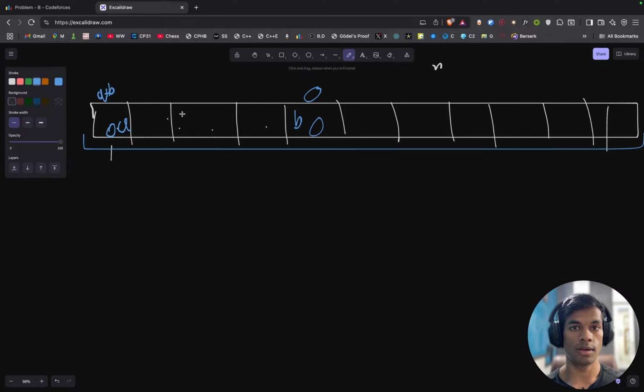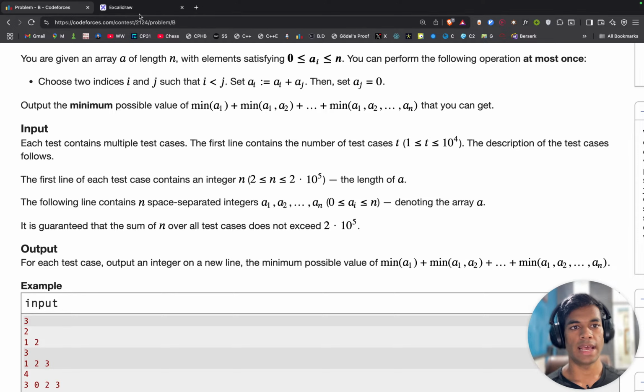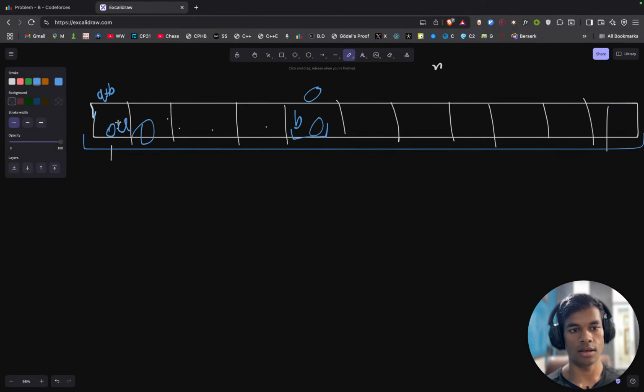So there are two options, first of all, either I perform the operation or I don't perform the operation. Let's say if I perform the operation, what would be the best thing that I can do? I know that the second element is going to become equal to 0. So I want this 0 to appear as early in the array as possible. And that would be the second element.